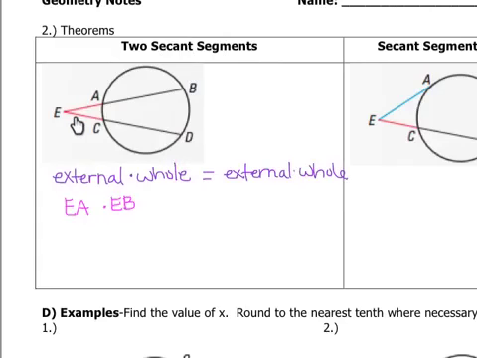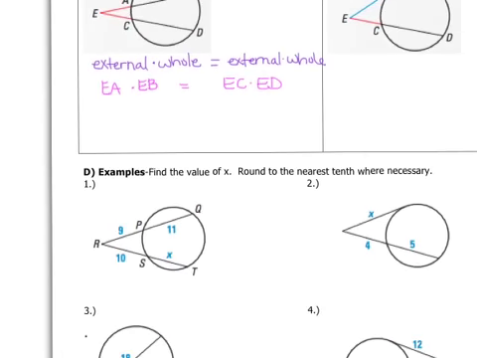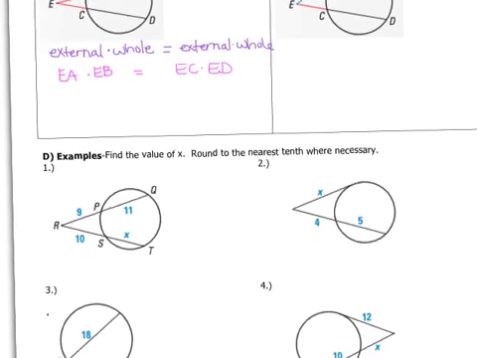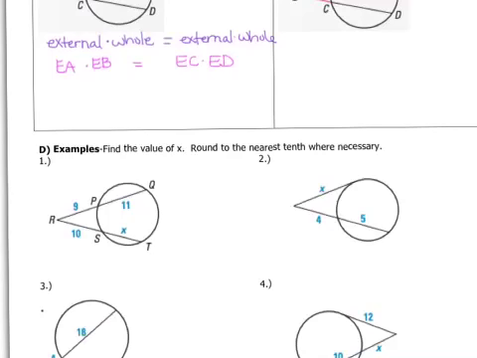So on the other side, we would have the outside part, EC, times the whole thing, ED. So what I would like to do is jump down to the first example and use that information. So external times the whole equals external times the whole.